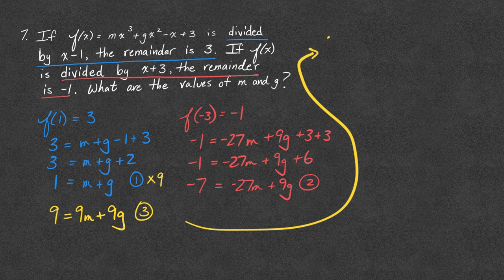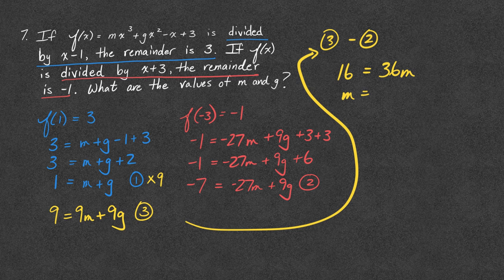So if I took equation 3 and I now subtracted equation 2, that would be a 9 minus negative 7, which is 16. A 9 minus negative 27, that is a 36. And my 9g minus my 9g is 0.